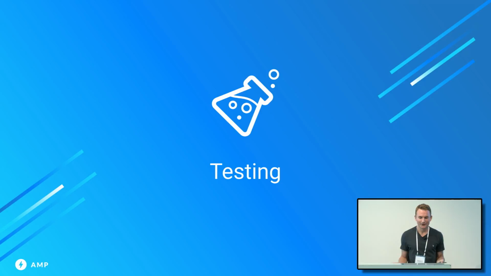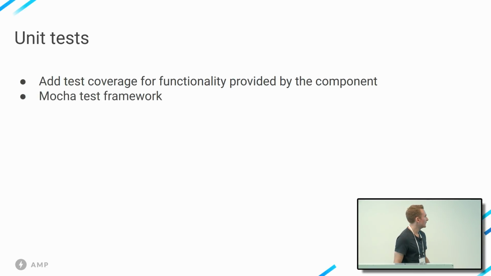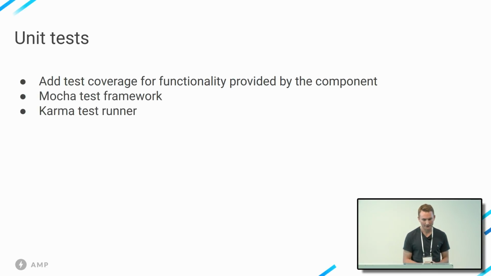Okay, so once we've written the code that creates our component, we do need to also write a few tests. We should try and add as complete test coverage as we can for the functionality that our component provides. AMP uses the Mocha framework and the Karma test runner, so you may well be familiar with these already.